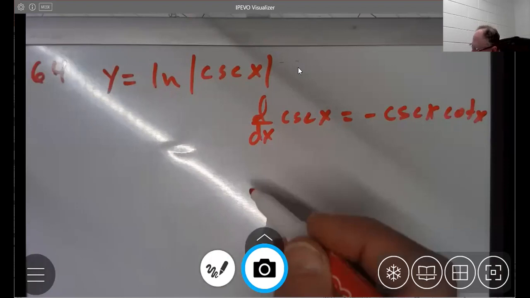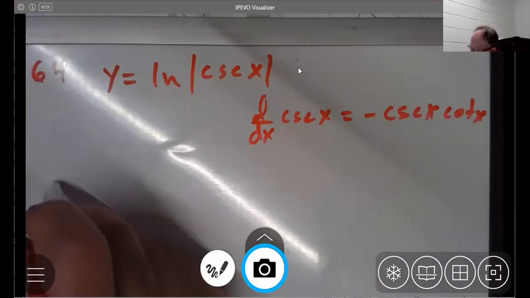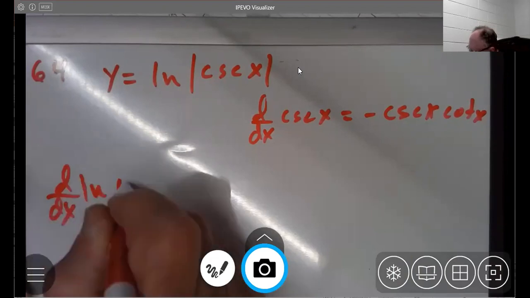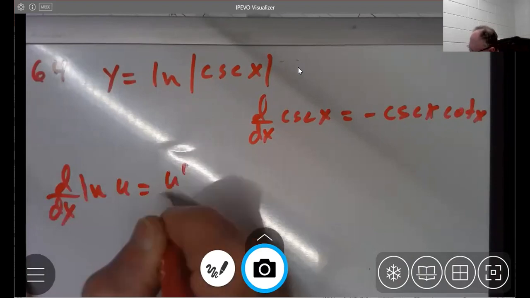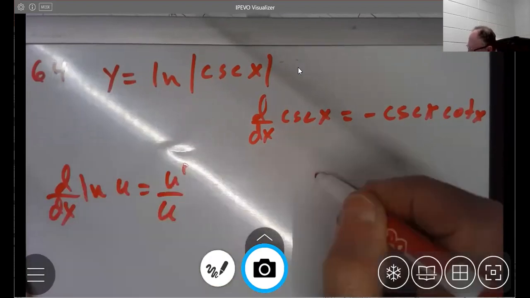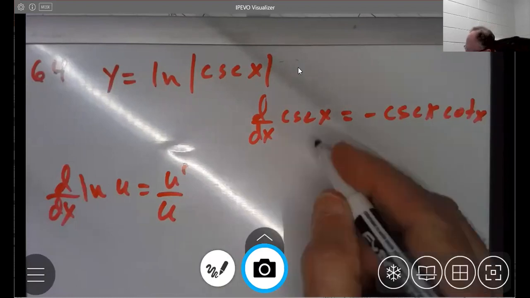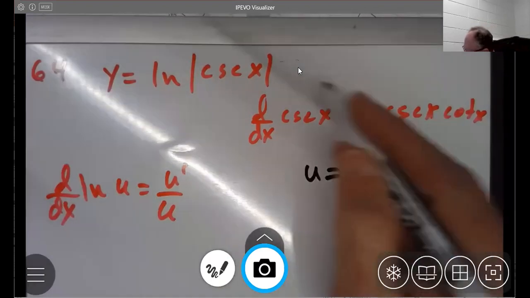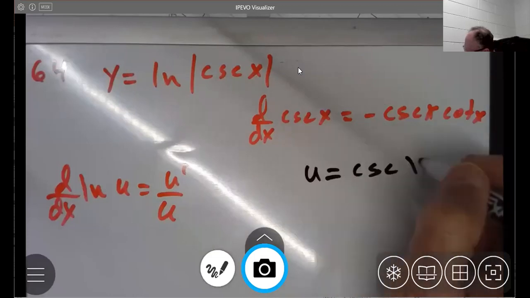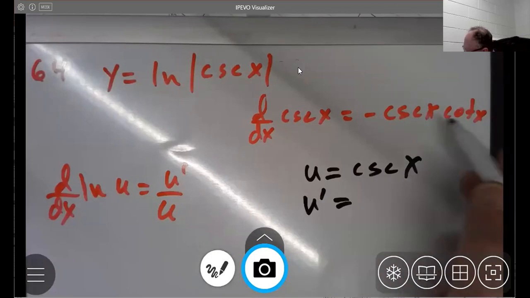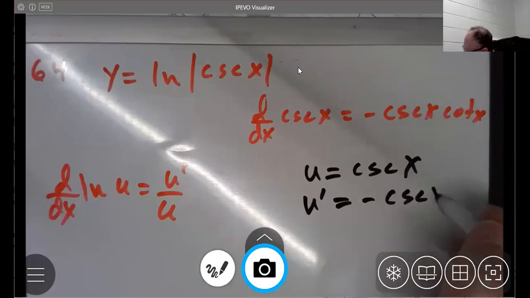So therefore, since d over dx of natural log u is u prime over u, right, we have here u is cosecant x, and u prime is negative cosecant x cotangent x.